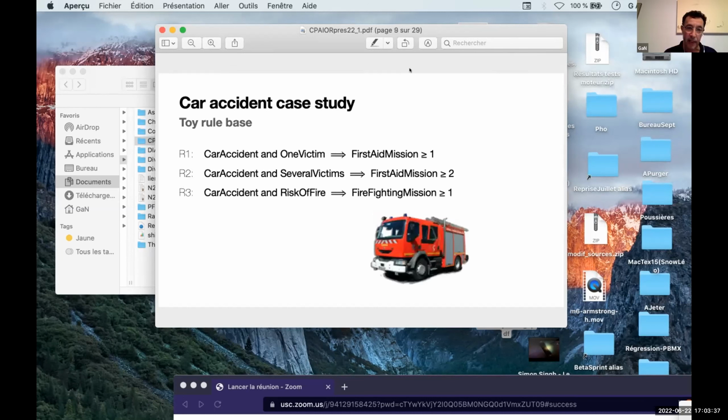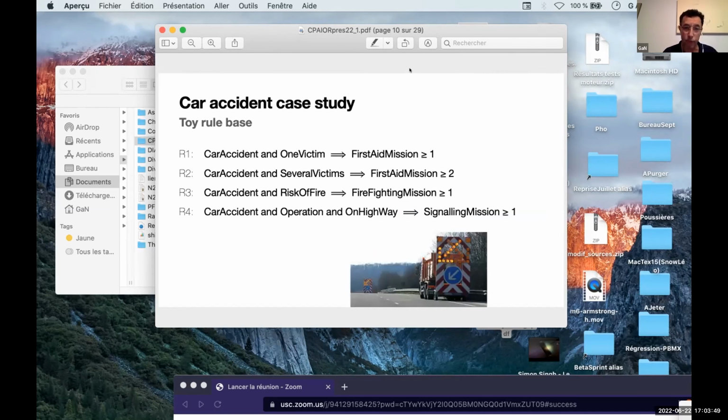So let's imagine a third rule. If you've got a risk of fire on top of your accident, then you will need to have a fire engine. Fourth rule, if you're on a highway and if this operation has to be set, then you will need some road signal signs.